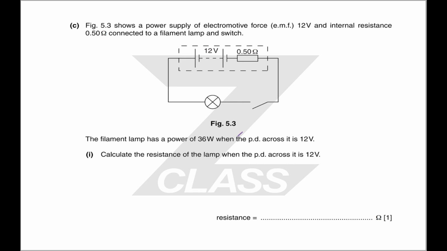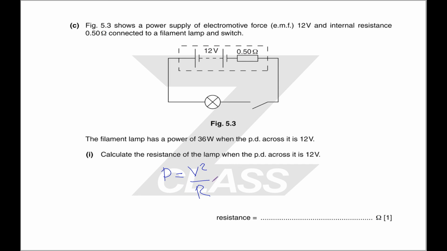Okay, figure 5.3 shows a power supply of electromotive force 12 volts and internal resistance half an ohm. We have a filament lamp, power of 36 watts when the potential difference across it is 12 volts. Calculate the resistance of the lamp when the potential difference across it is 12 volts. So this is P equals V squared over R. Right, this is one of your standard ones.